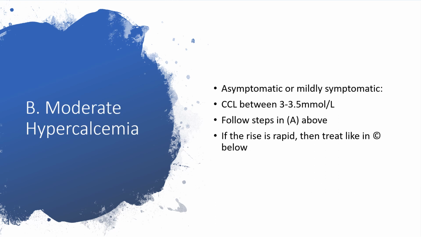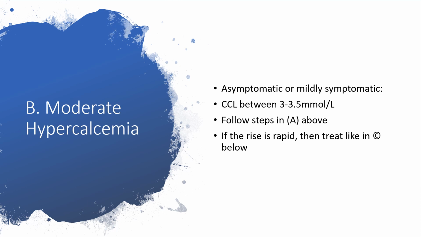B. Moderate hypercalcemia. At this level, it will also be asymptomatic or just mildly symptomatic, and we'll be looking at corrected calcium level between 3 to 3.5 millimoles per liter.